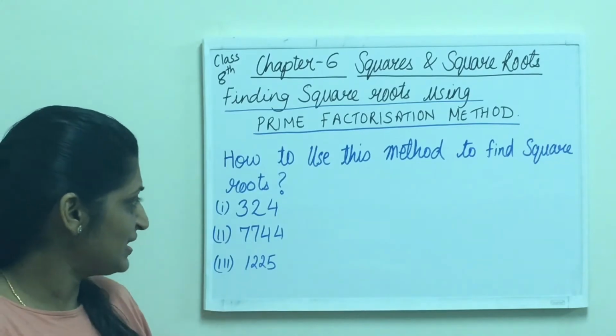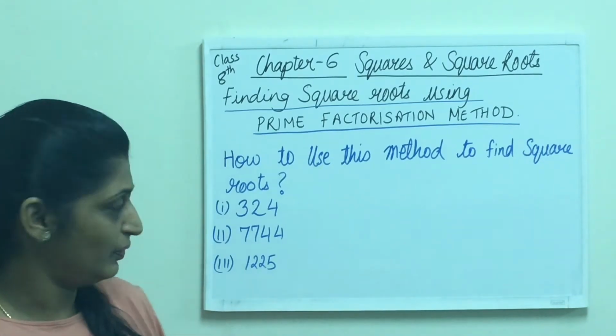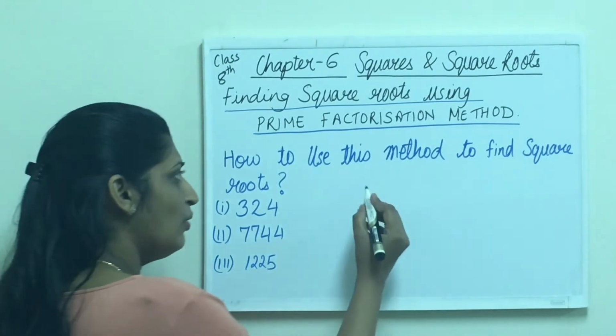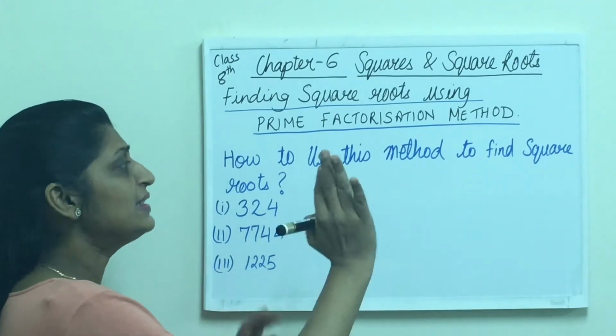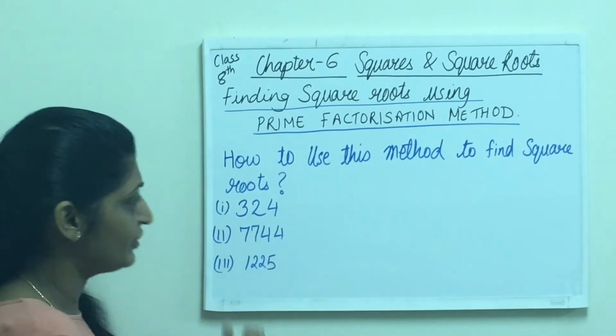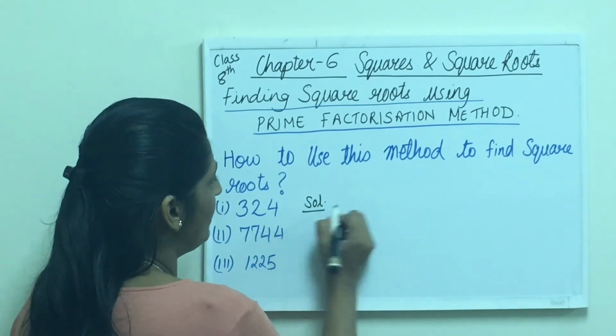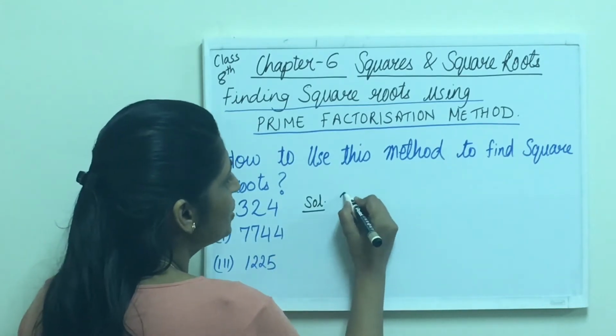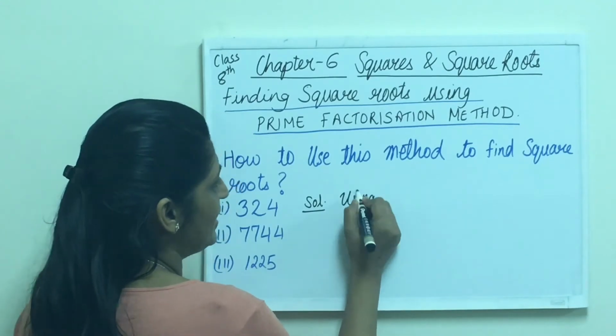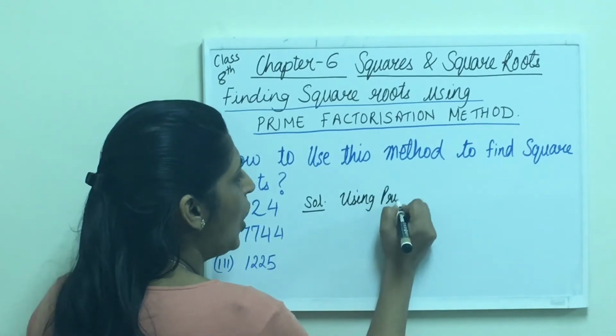Similarly, I'll do it with 7744 and 1225. You just see. To find the square root using the prime factorization method, this is the solution to the first part. I will do the prime factorization of 324.